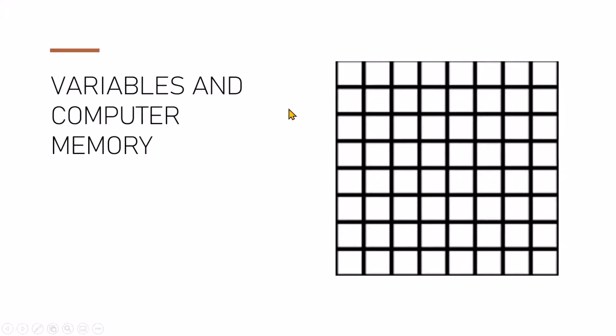So variables can be used to give names to these addresses. So for example, I could have the variable x storing the value 10 at this address, and then I could have a variable named fruit storing the value apple starting from this address. Right, so we'll go more into computer memory as we progress through the series.